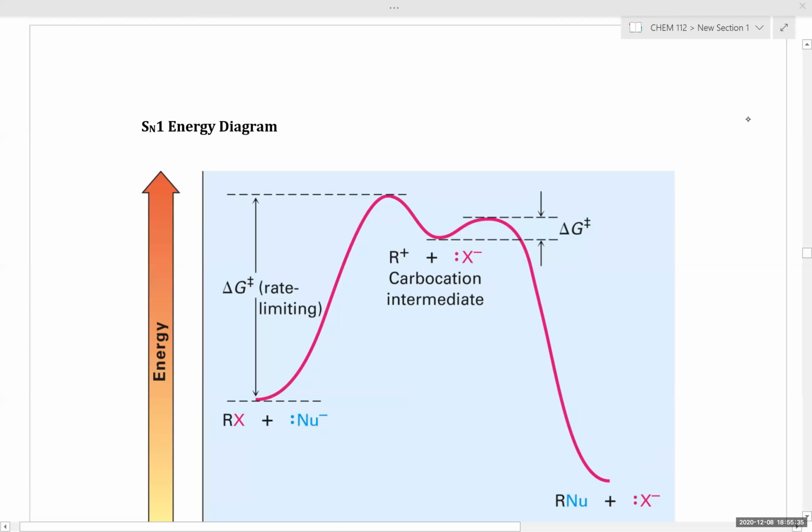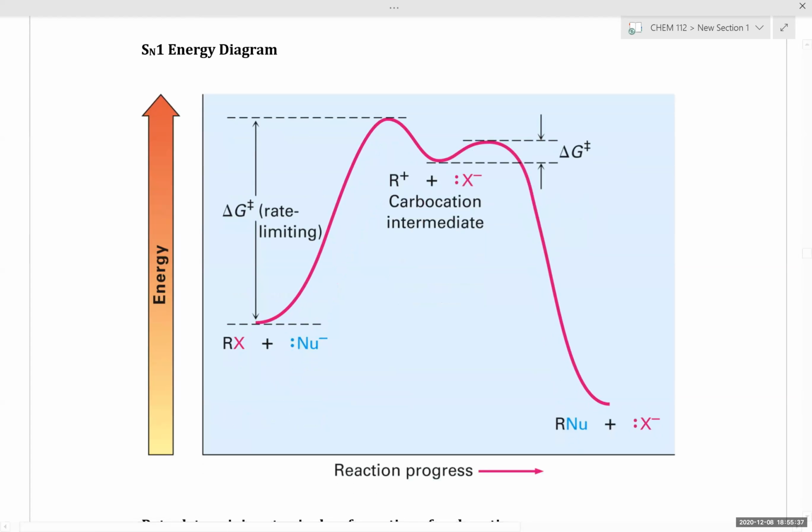Okay, so let's keep going now, and let's look at the SN1 energy diagram. As we can immediately see, it occurs in two discrete steps. So we have our first step here, which is the loss of leaving group.